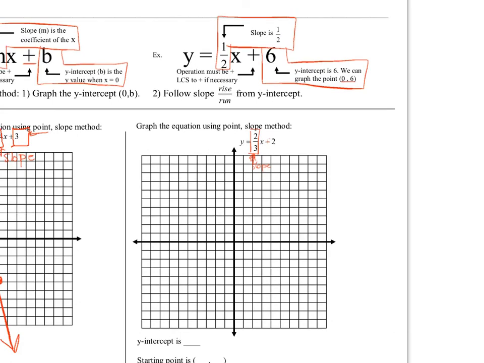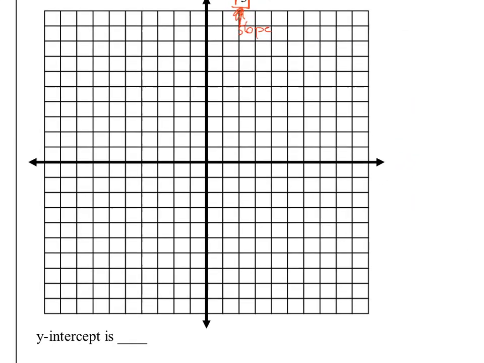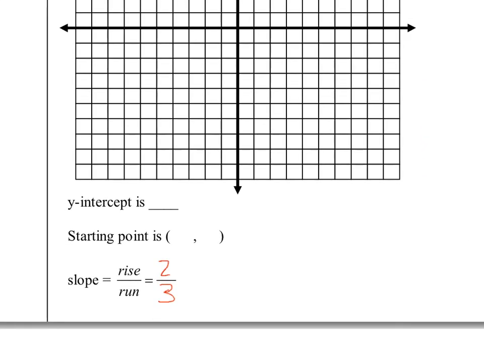And our y-intercept is negative 2. That's where you have to be careful. If you have that subtraction in there, it's going to switch the sign of your y-intercept. So our y-intercept here is negative 2 because we did that leave, change, switch. Which means our starting point is 0, negative 2.